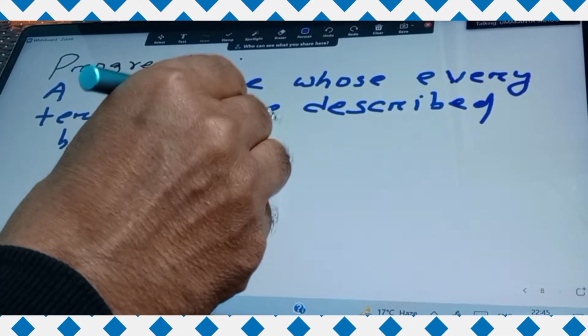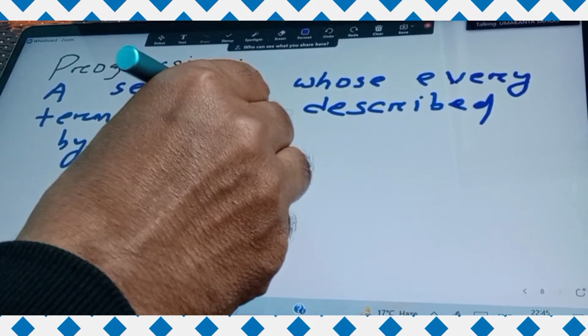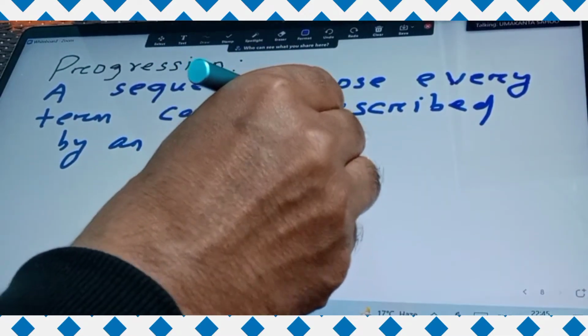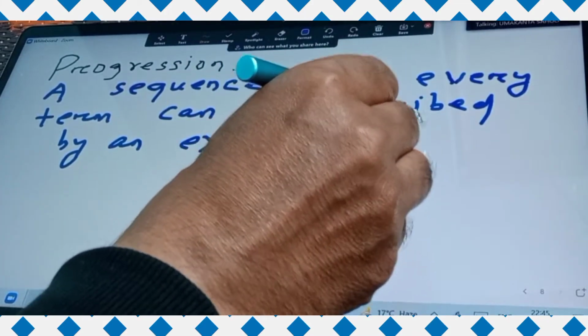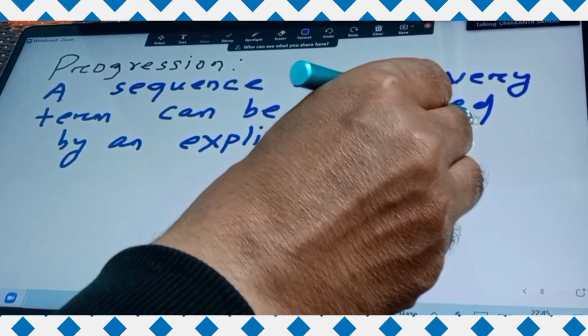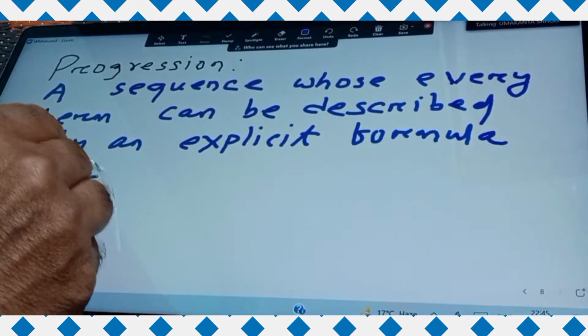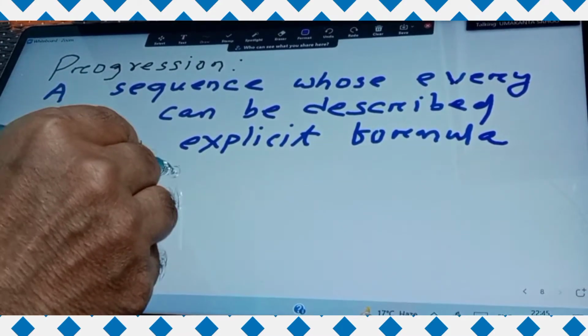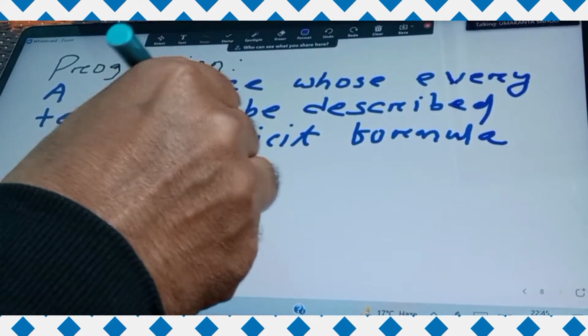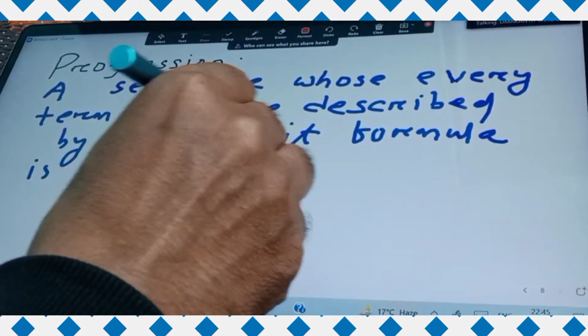Explicit means a general formula, a unique formula. Such a type of sequence is called a what? It is called a progression. Understand?